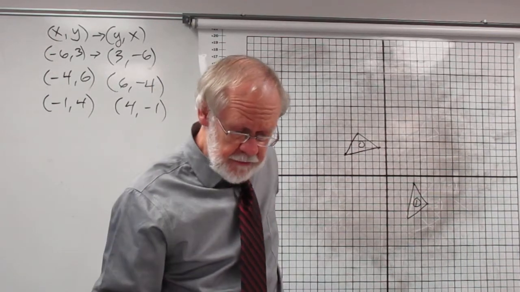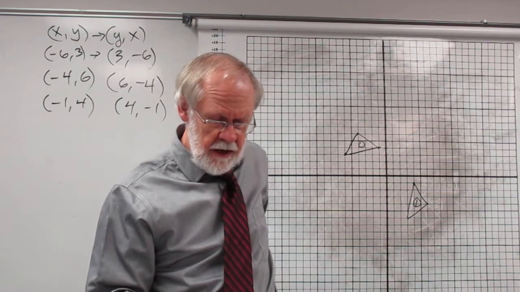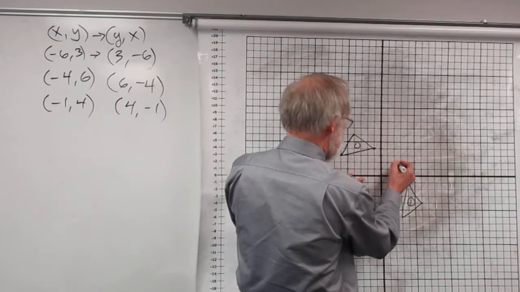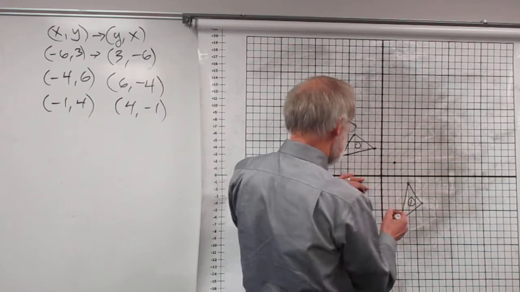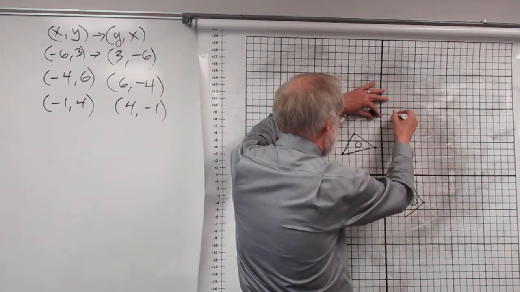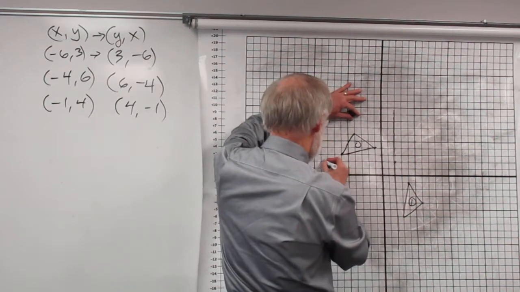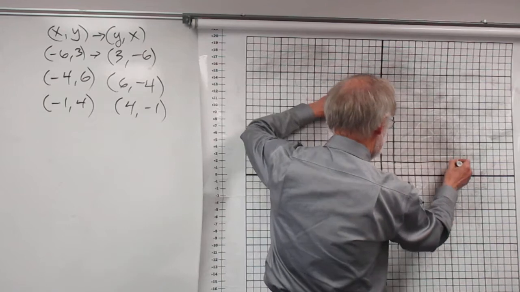Now, the next thing it says is to rotate 180 degrees clockwise about (2, 2). Here's the point (2, 2). So what I'm going to do, of course, is make that the new origin by simply moving the axes like this.